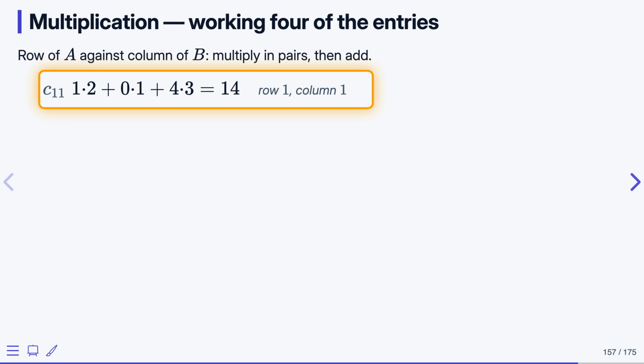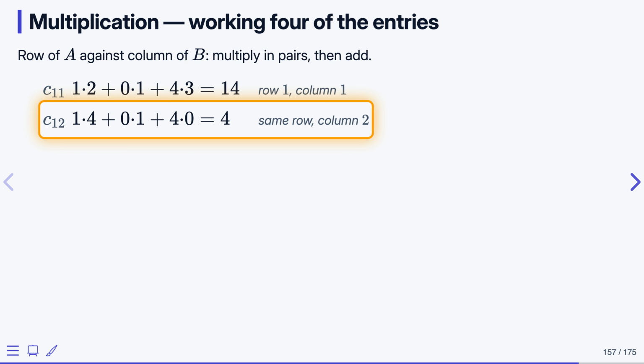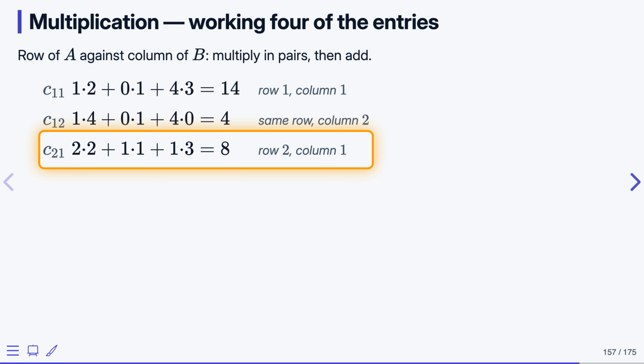Add 2 plus 0 plus 12 is 14. Entry C12. Same row of A, but now column 2 of B, which is 4, 1, 0. 1 times 4 is 4, 0 times 1 is 0, 4 times 0 is 0. Add 4.